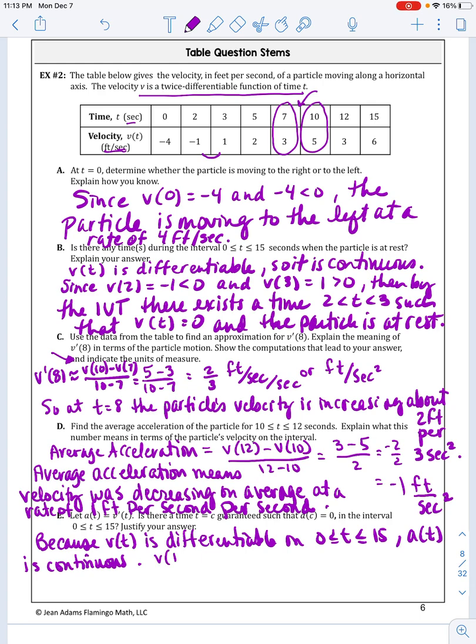And so our V of 12 minus V of 10 over 12 minus 10, that negative 1, is less than 0, and our V of 10 minus V of 7 divided by 10 minus 7 was our 2/3, which was greater than 0.